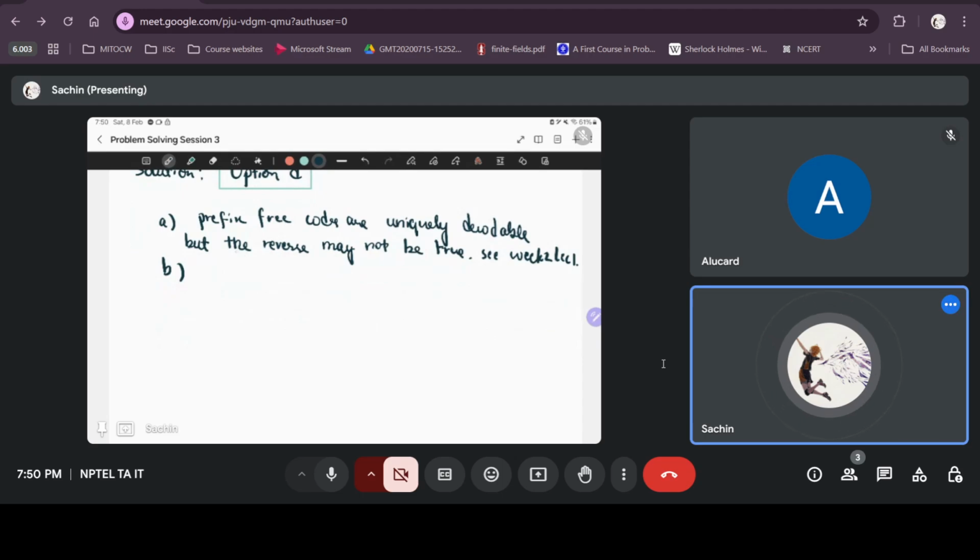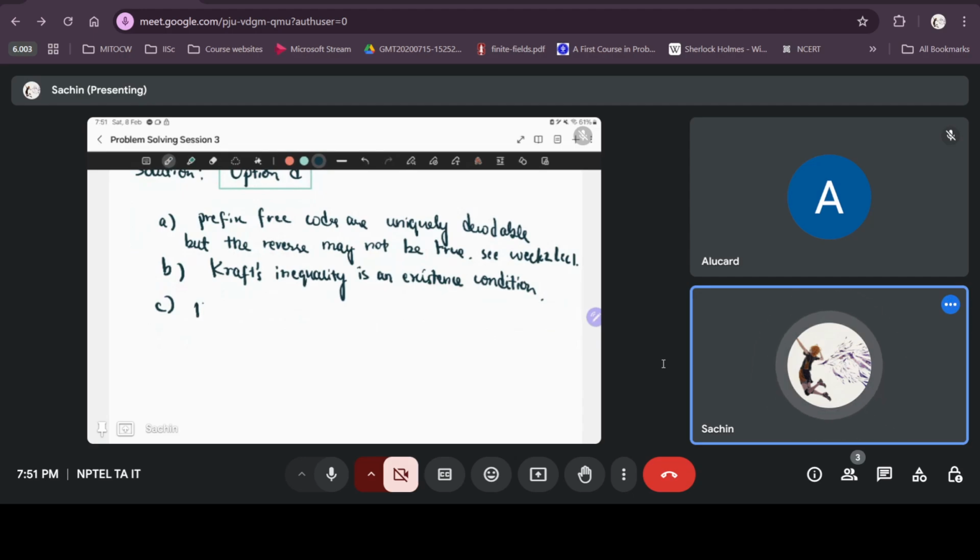B is false because Kraft's inequality is an existence condition which guarantees the existence of a code as long as the inequality is satisfied.